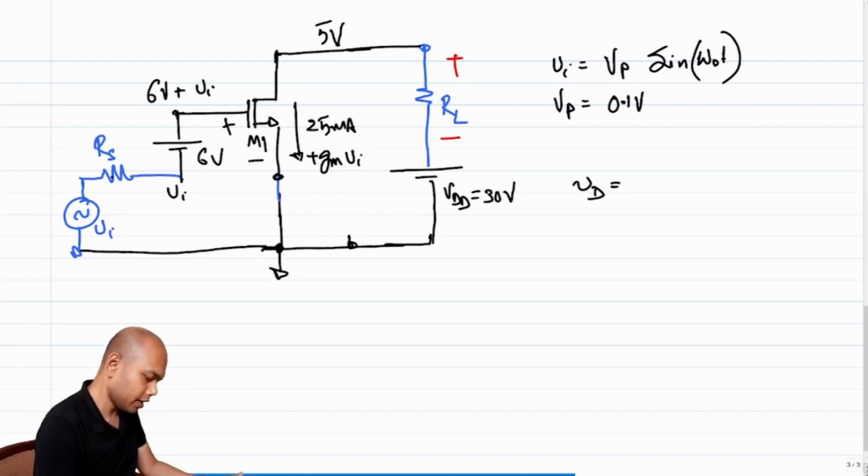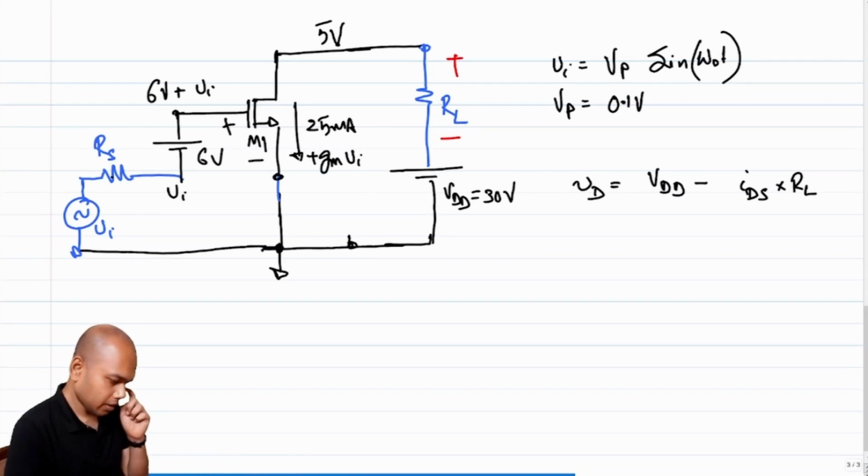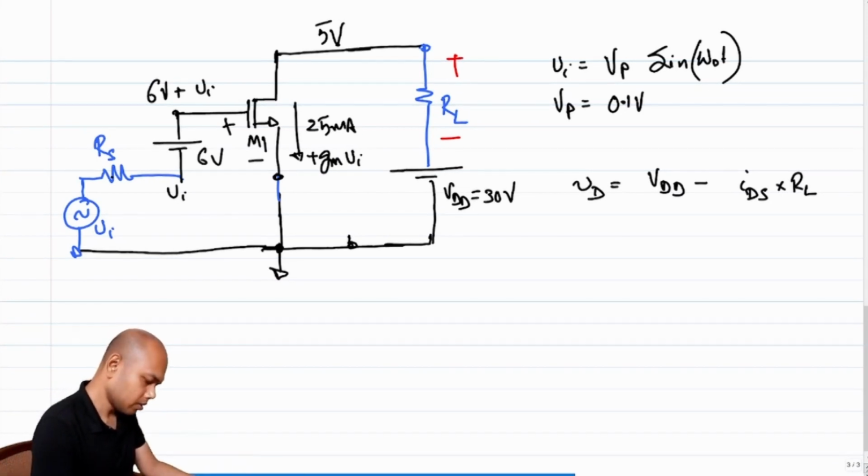The total drain voltage is VDD minus the total current IDS times RL.